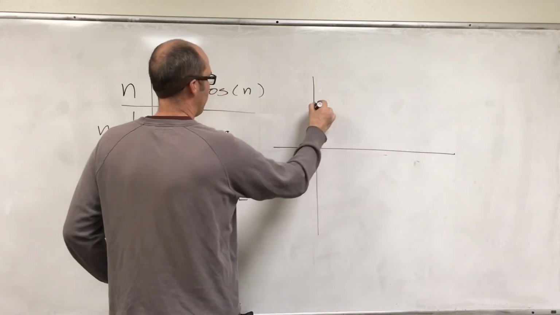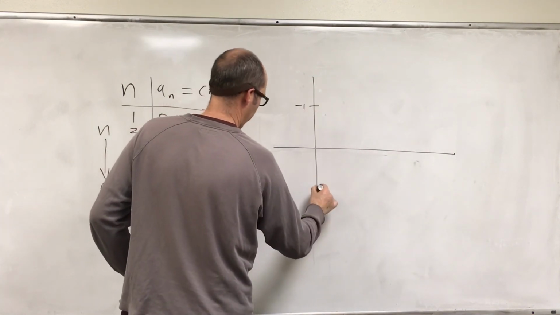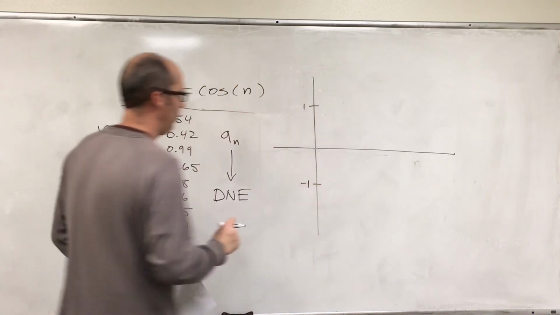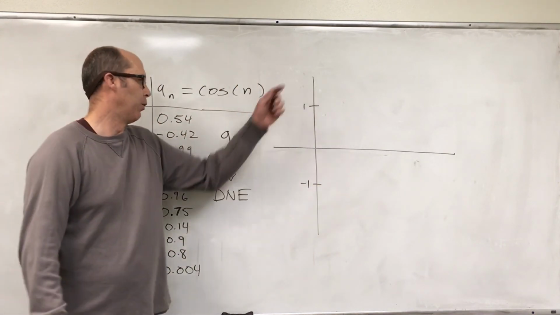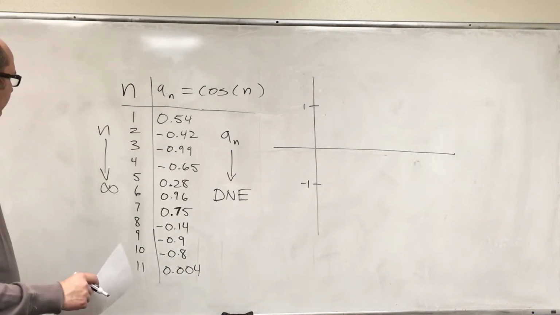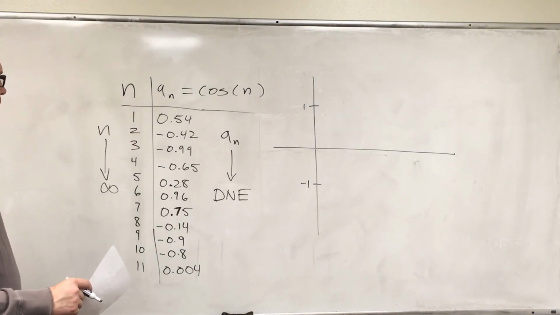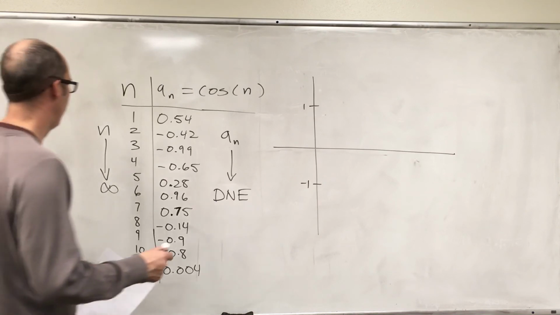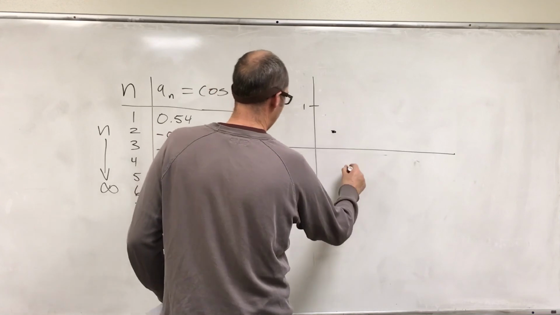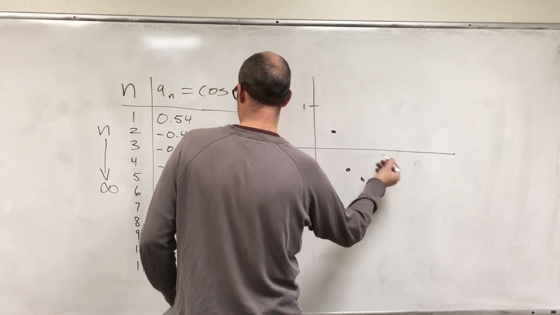Now we know cosine is between positive 1 and negative 1. My bad. Negative 1 and 1. I was upside down. And so this thing is sometimes positive, sometimes negative for a while.